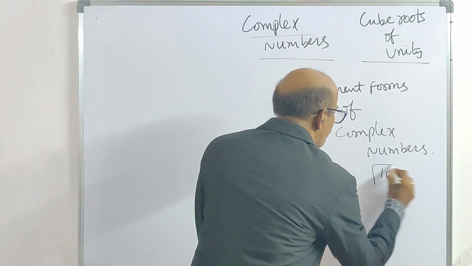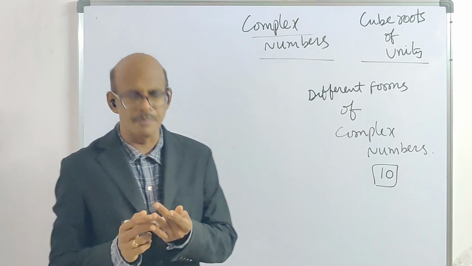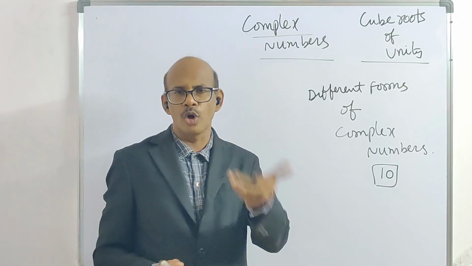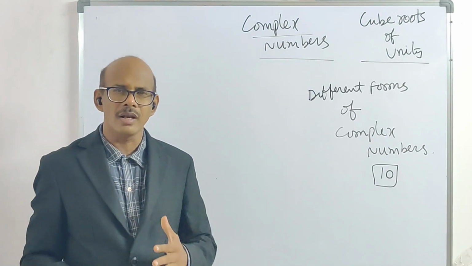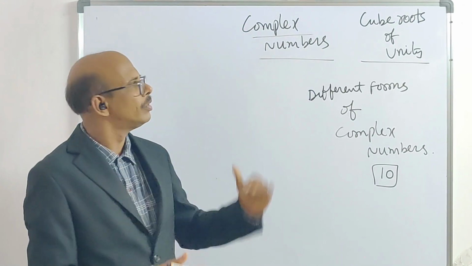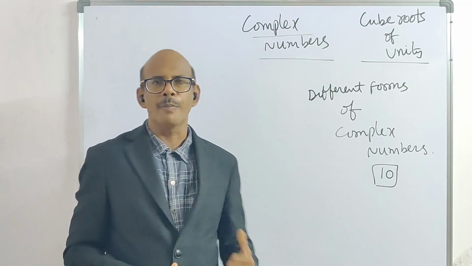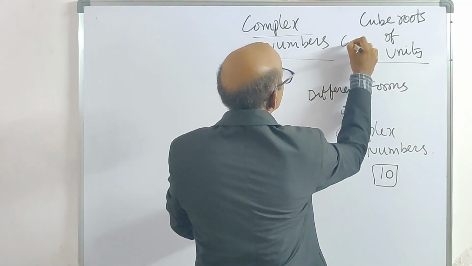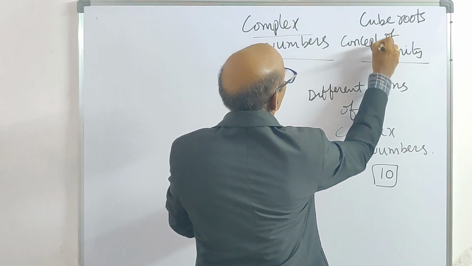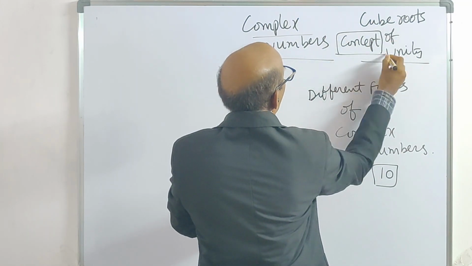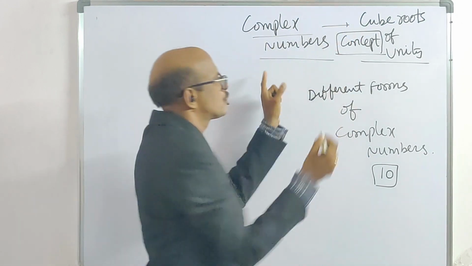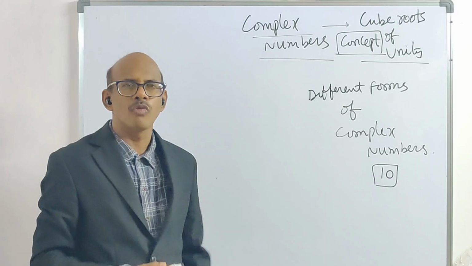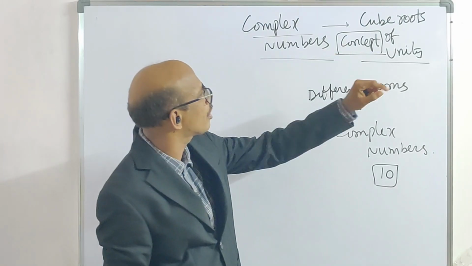I am going to give a simple introduction to all 10 forms, and then I will continue today's video topic linked with the cube roots of unity concept. It is the most important concept in our complex numbers chapter, with more weightage, a more focused topic.